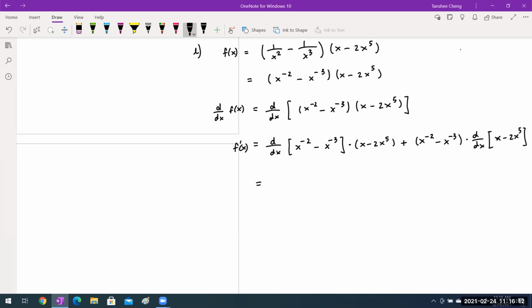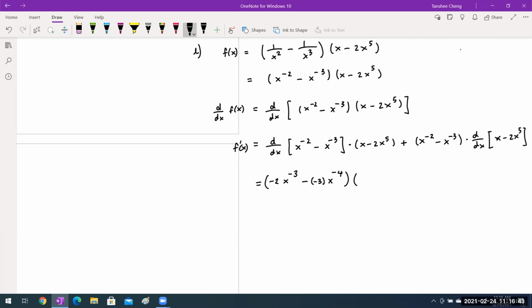When we take the derivative of the first factor, I have two terms. The first term, I will write it down: this is a power formula, negative 2 x to the minus 1 exponent, so it will be negative 3. Minus, bringing down the exponent, which is negative 3, and then times x to the negative 4 on the exponent after subtracting 1. That's how fast you're going to be working later on, right?